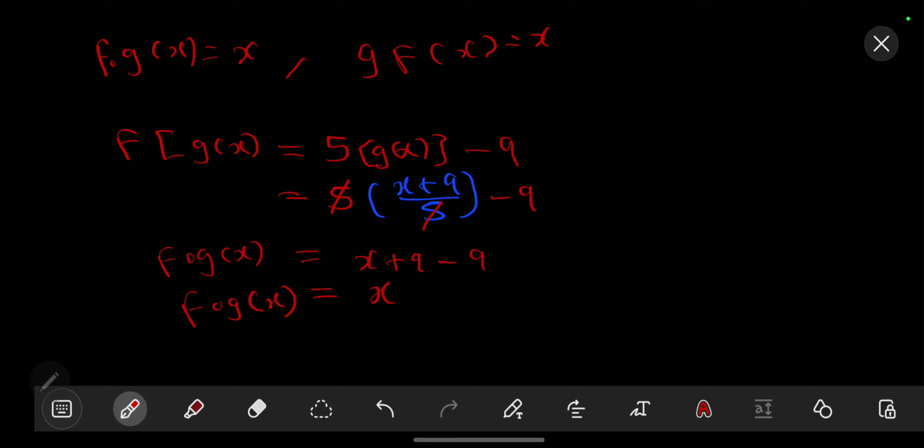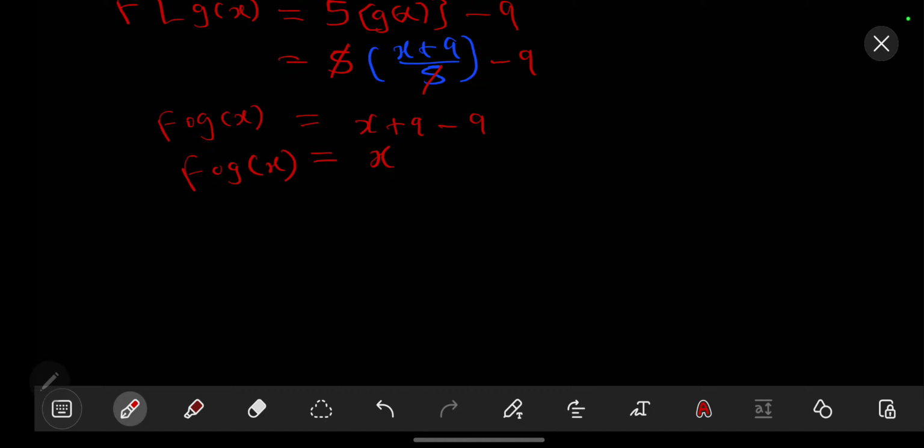Let's also verify that it is going to give us the same thing for the other part. So we know that our g of x is given as x plus 9 over 5. We also know that our f of x is equal to 5x minus 9.